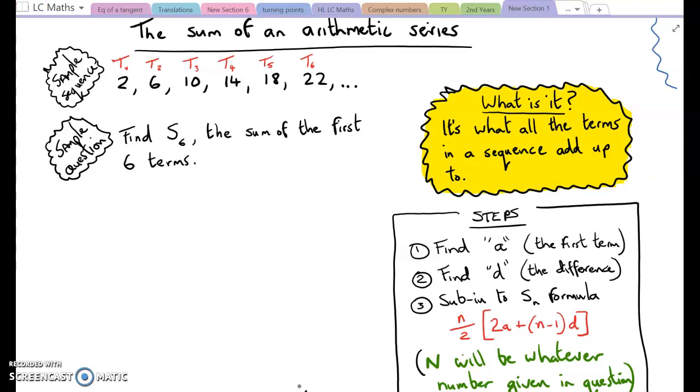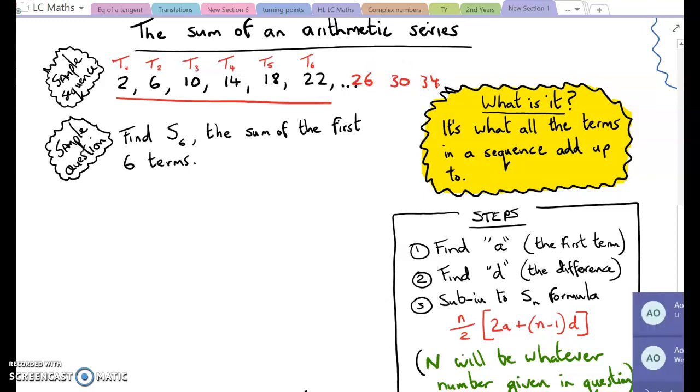So in this list of numbers here, we have 2, 6, 10, 14, 18, 22. I can easily predict the next one's going to be 26, 30, 34, etc., because it's going up in 4 each time.